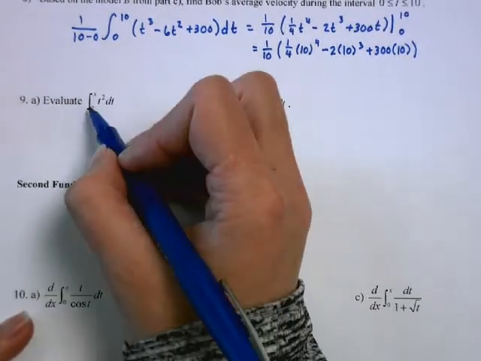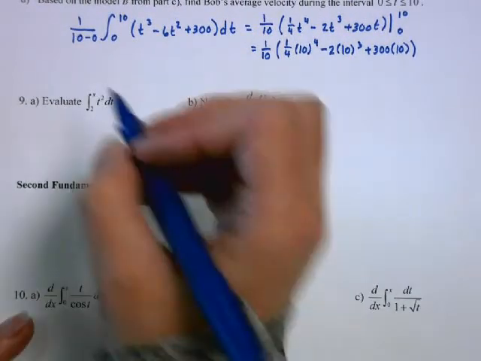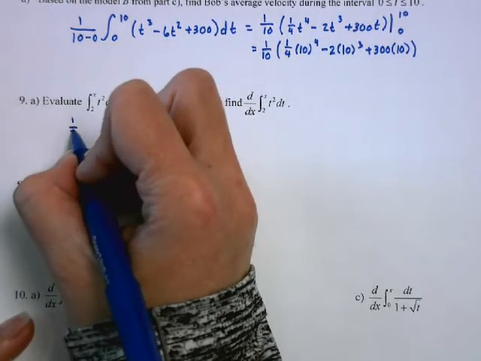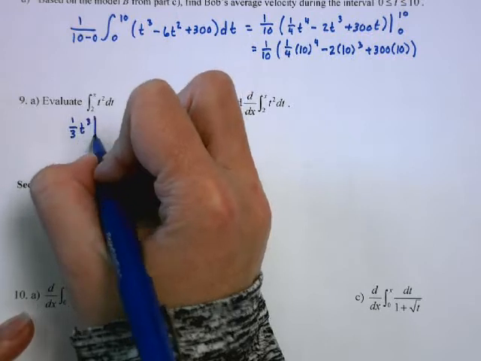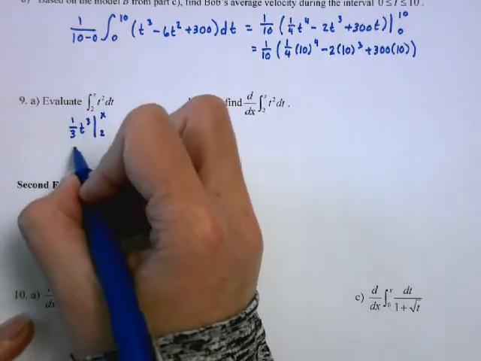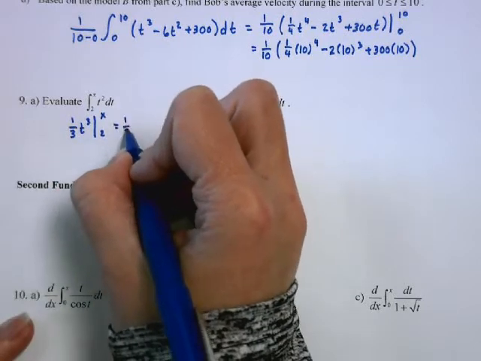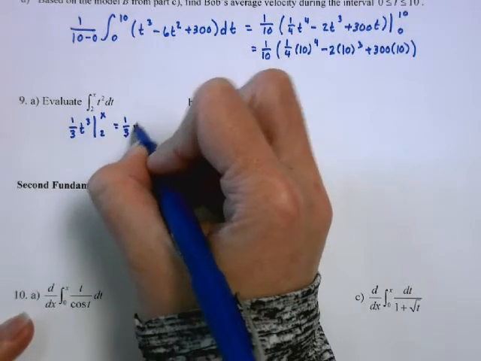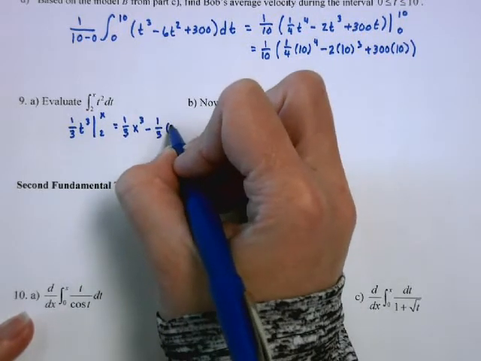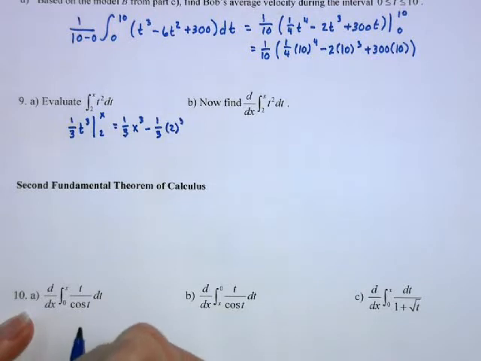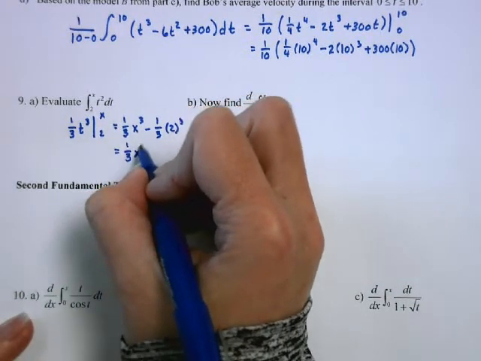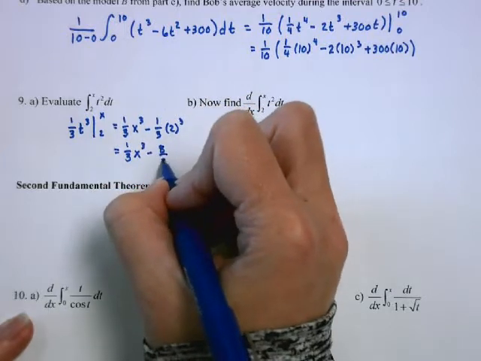Okay, we're going to evaluate the integral from 2 to x of t squared dt. So this is going to be 1/3 t cubed, evaluated from 2 to x. So that's going to be 1/3 x cubed minus 1/3 2 cubed, which will be 1/3 x cubed minus 8/3.